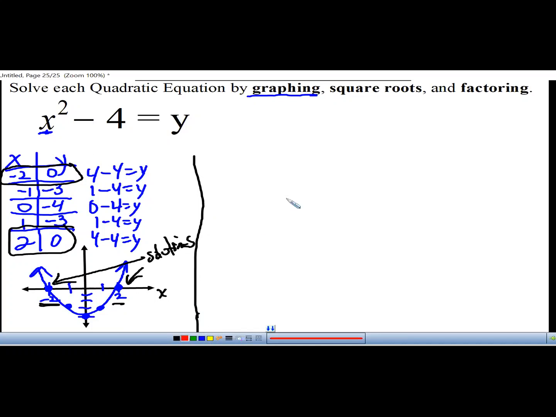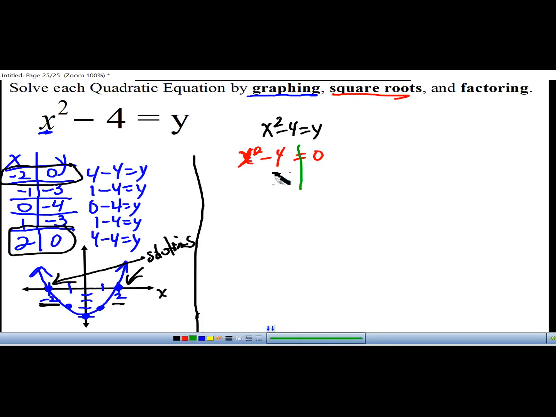Okay, let me do the next one by square roots. If I take the equation once more of x squared minus 4 equals y, to solve using square roots, I need to change y to 0. That is x squared minus 4 equals 0. And then I solve for x.